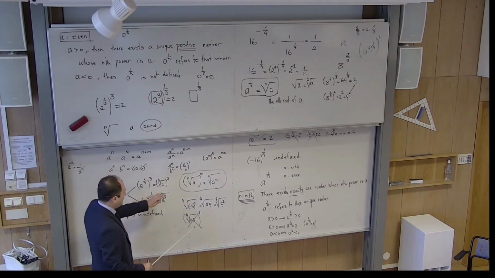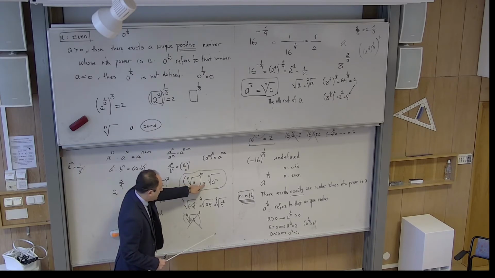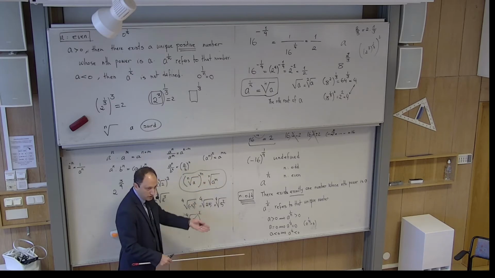So whenever I write this formula, I mean that you yourself know that you have to respect the things that I mentioned here. For example, if n is even, you are not allowed to put a negative number here. So this equality is true if the left-hand side and the right-hand side are indeed numbers.